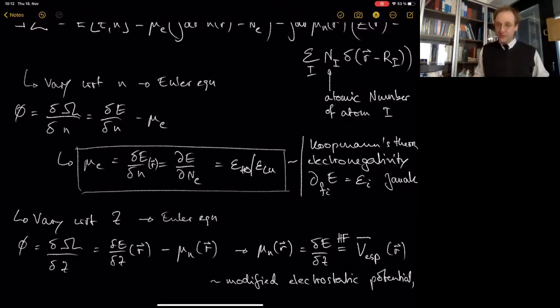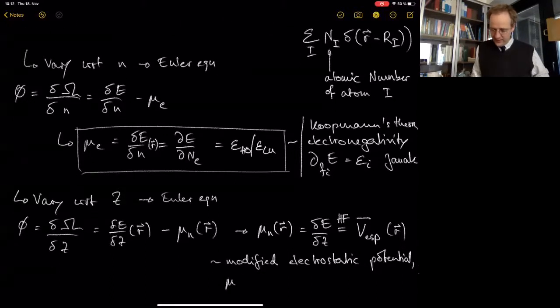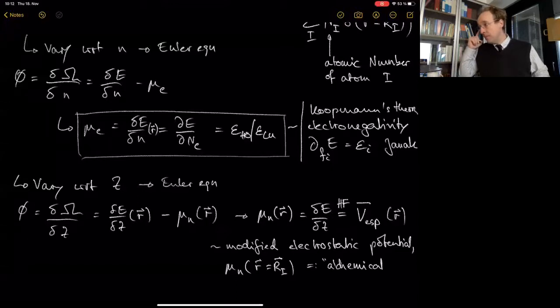And if you go towards its value at the nucleus, then we call this mu n at r equals ri, right? We define that to be the alchemical nuclear potential.